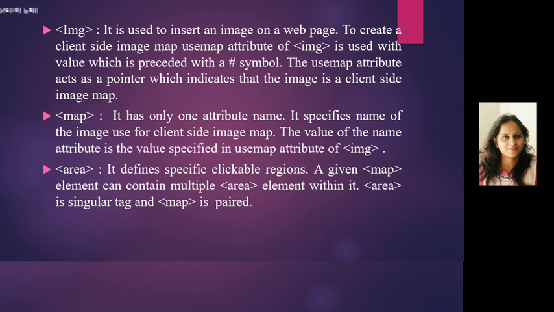And the last one is the area tag. It defines a specific clickable region. A given map element can contain multiple area elements within. Area is a singular tag and map is a paired tag.